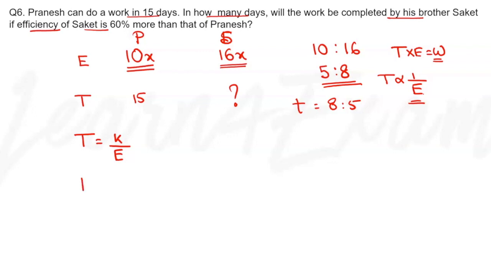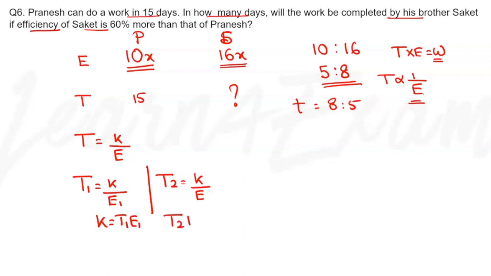Okay, so if I say T1 is equal to K by E1, I can also write T2 is equal to K by E2, or K is equal to T1 E1. K is also equal to T2 E2. Since both are equal to K, we can equate these two.